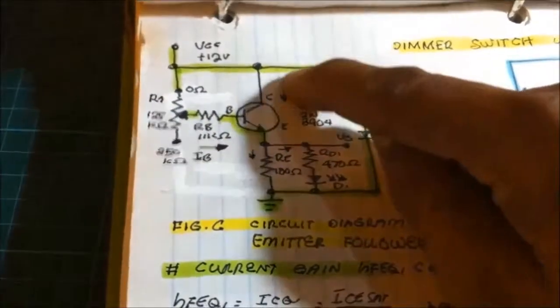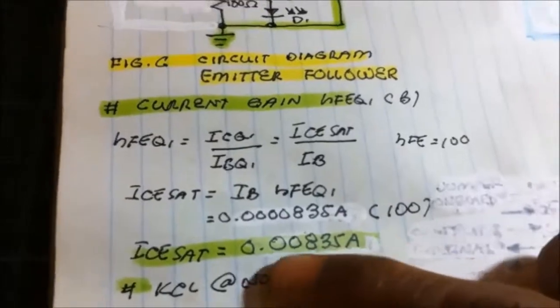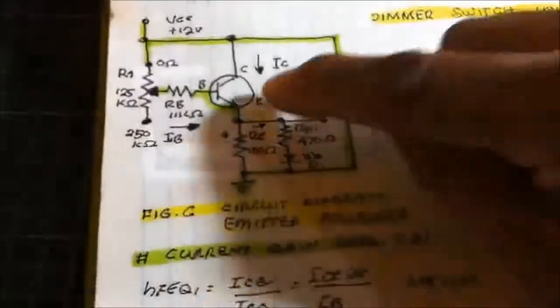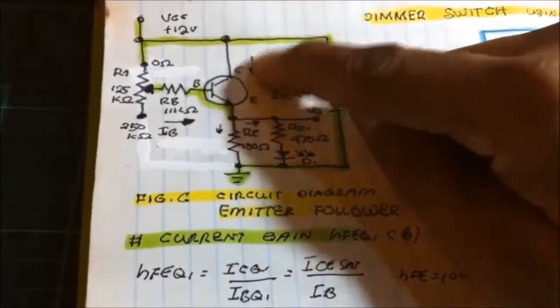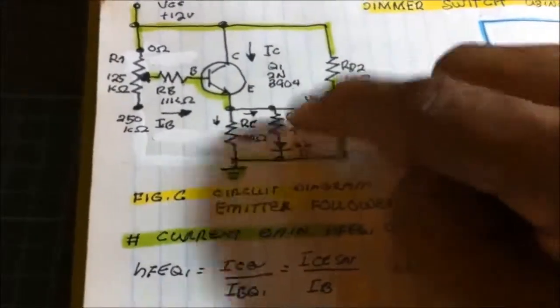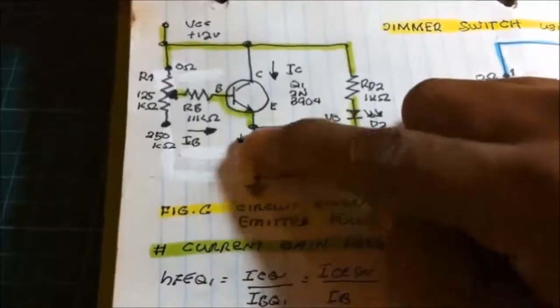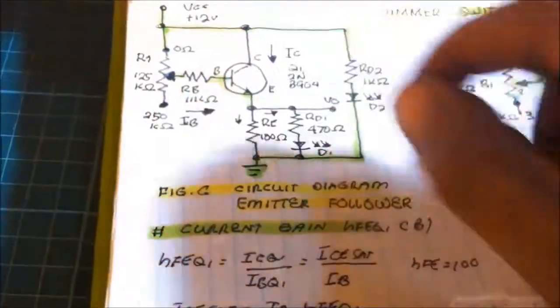Besides, we're supplying 0.008 ampere, or 8 milliampere, to the load, to the emitter resistor and to the loads. This emitter resistor is some sort of a buffering resistor for the load. You need this.